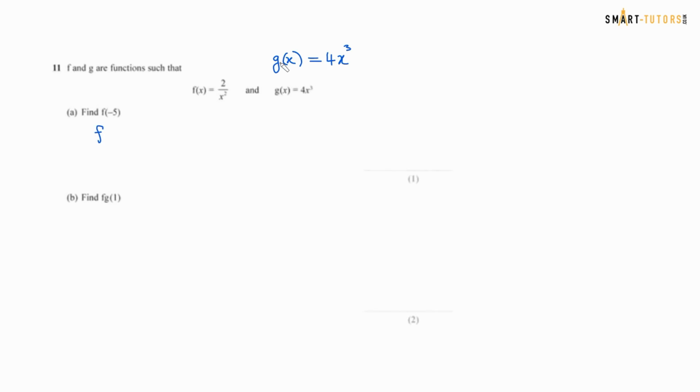It's a direct substitution. f(x) is 2 over x squared, which is equal to 2 over minus 5 squared. So 2 over minus 5 squared, that is 2 over 25. You can use the calculator at this step and find the answer.